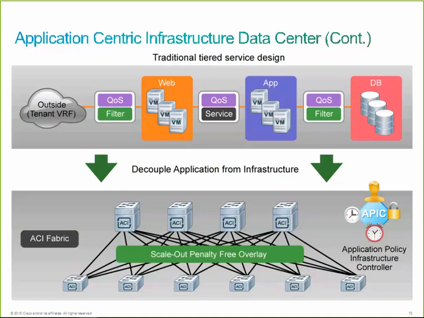So the Cisco Application-Centric Infrastructure, from a Cisco-speak standpoint, it's scalable. It provides multi-path functions. It's got a high-performance architecture, a little bit different than some of the architectures that we've seen in the past.